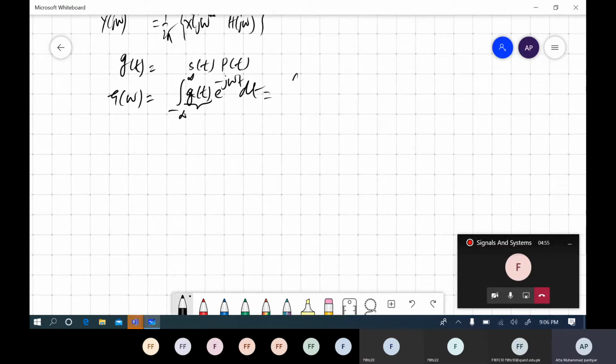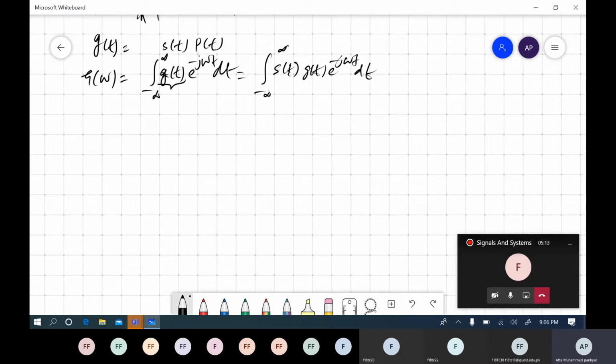So we can rewrite it as the integral from minus infinity to infinity of s of t p of t e to the power minus j omega t dt, right? Sorry, not g of t, this is p of t.